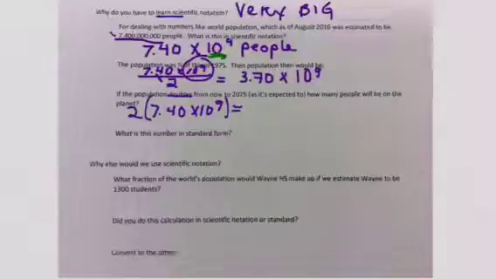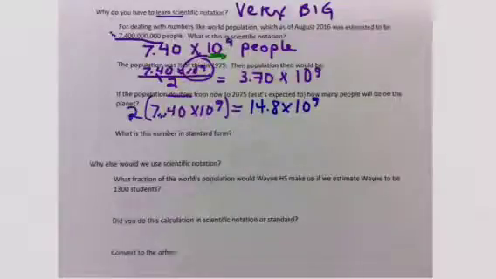Same thing, you multiply the front number by 2. You can do that with a regular calculator. 2 times 7.40 is 14.8. Now we carry the times 10 to the 9th, the factor.